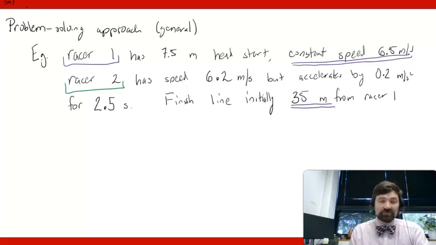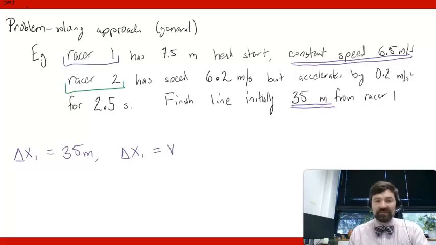It's a very straightforward process. Basically, we need delta x1 to be 35 meters, and delta x1 is going to be the speed times the time.